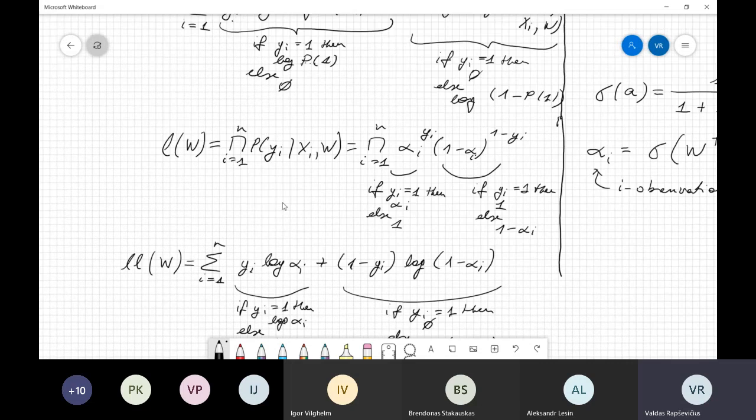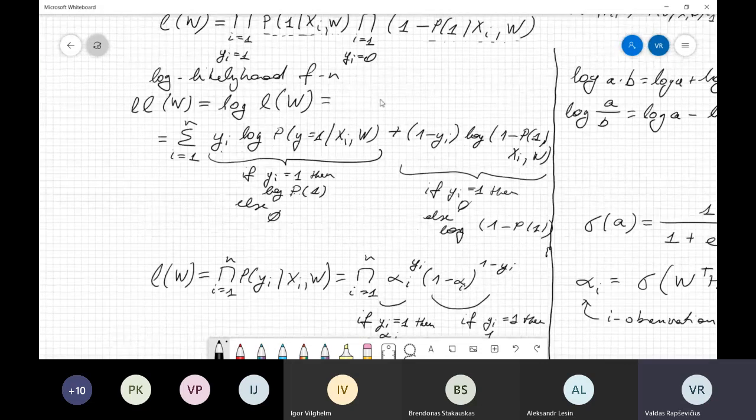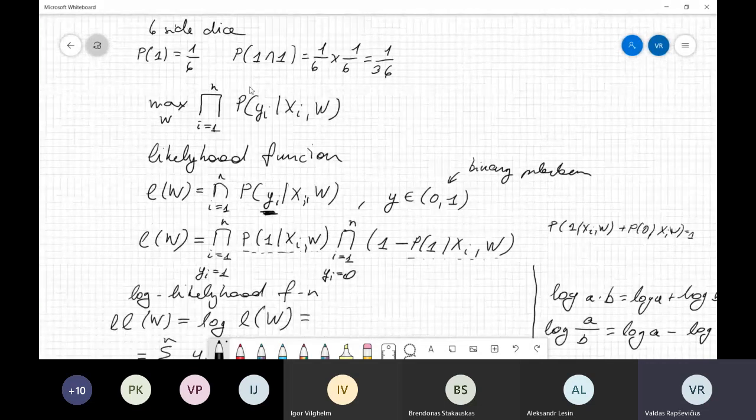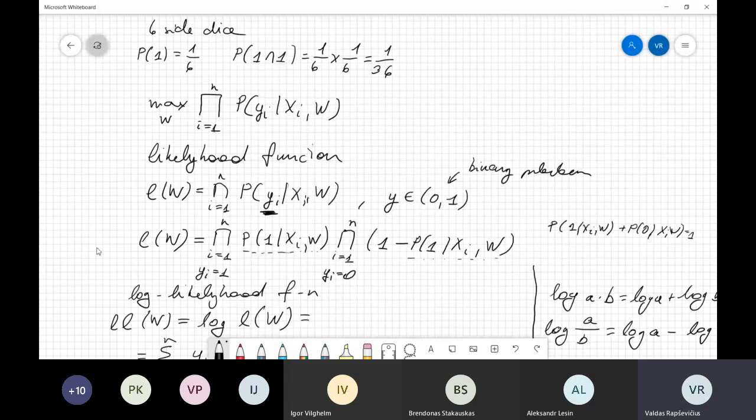These are just different ways of writing down this likelihood function, which we put here as the product of all the probabilities from the data set. From 1 to n, we move over all the observations and multiply these probabilities. This is not very handy for the derivatives, for calculating the gradient.